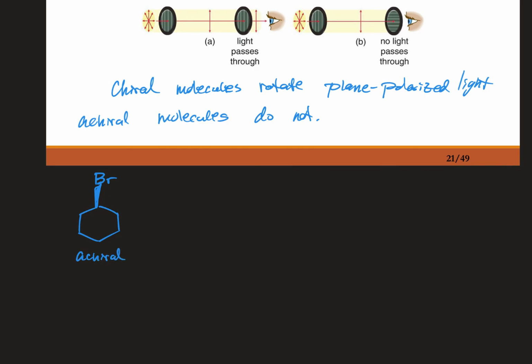So this is not going to rotate light. If we have this chemical, this one is chiral and it does rotate plane polarized light. This molecule will be achiral and not rotate plane polarized light.